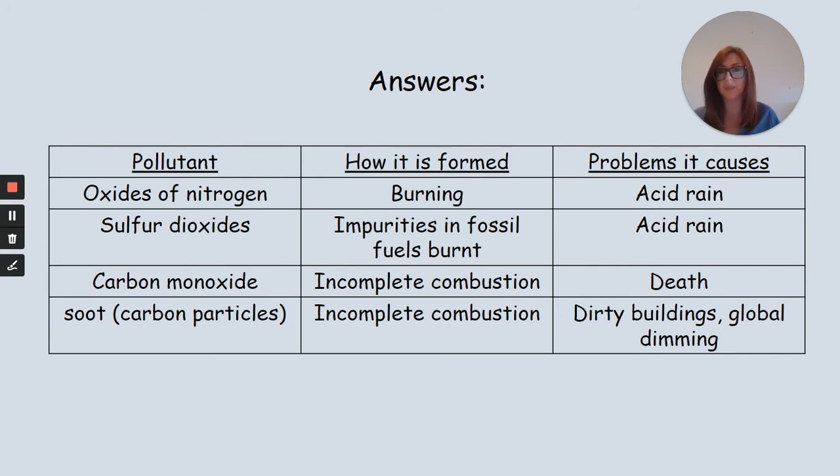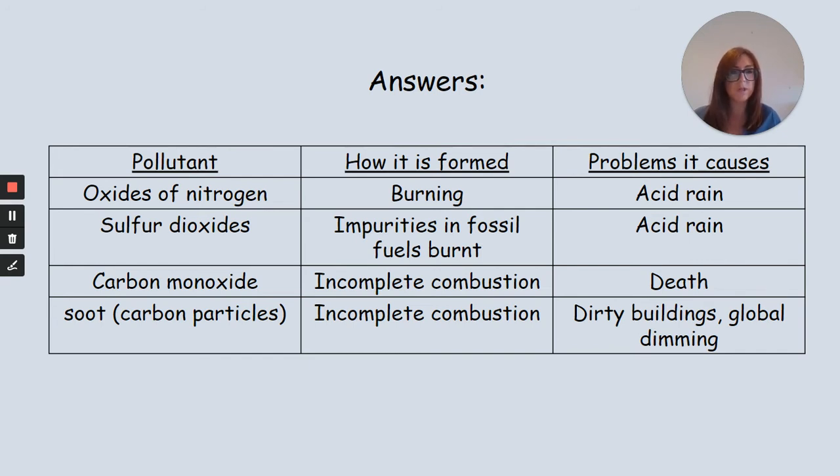So oxides of nitrogen, there tend to be two examples of them, nitric oxide and nitrogen dioxide. With the burning of the fossil fuels, the heat causes a reaction between the nitrogen and oxygen in the air, and then we get these oxides of nitrogen.